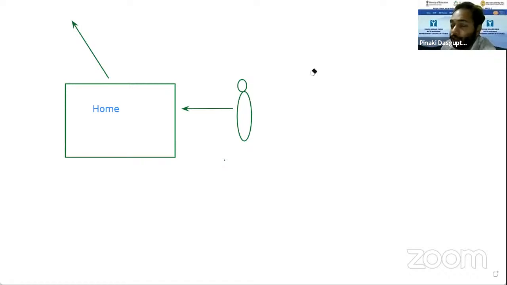This kind of thing also results in a bounce. So bounce means I am not visiting any other page. I'm just coming to a page, whatever page it can be. It is not only the home page. It can be any page you are entering, as long as that page is the first interaction point with the user. The person visits that page and just bounces back from it. That is a bounce rate.